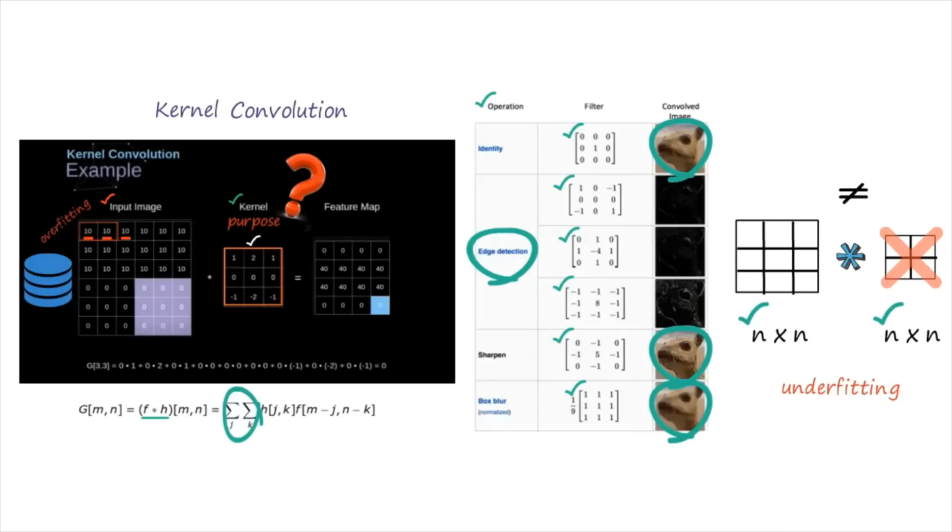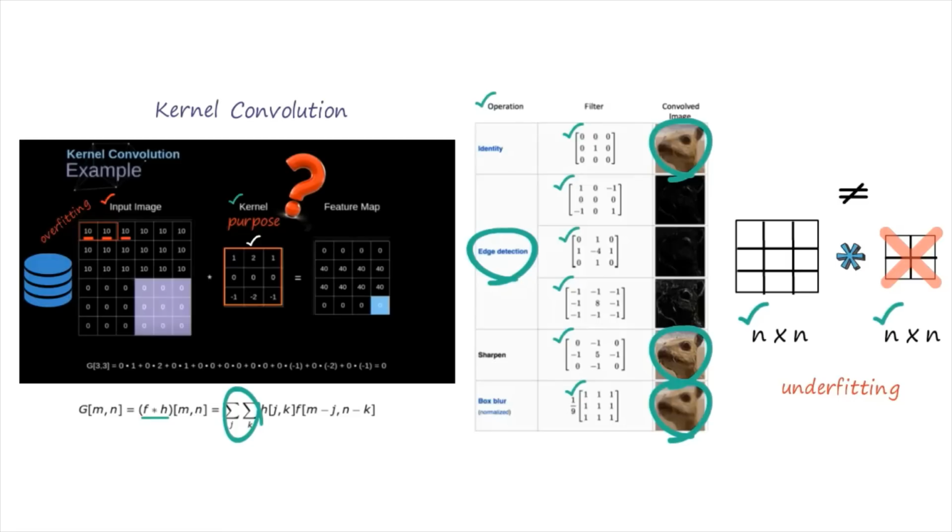So I hope the confusion on filter or kernel is clear. The first question was, do we need to remember the filter values? My answer is yes, because the value of the filter will change depending on what kind of operation we want to do. Second, do we have to remember the size of the filter?